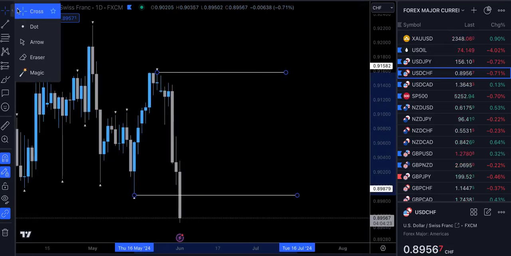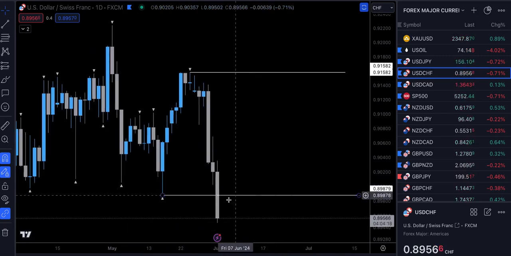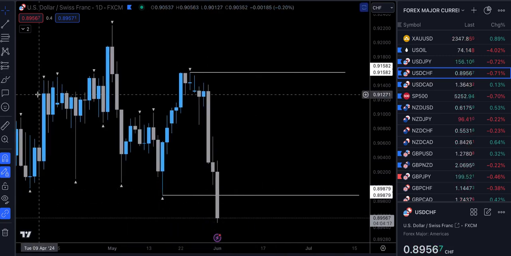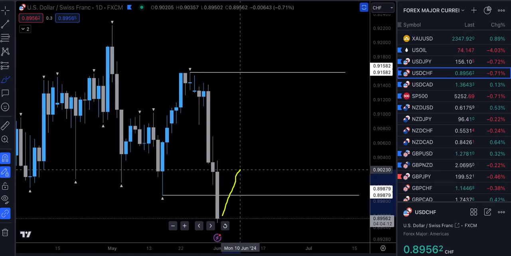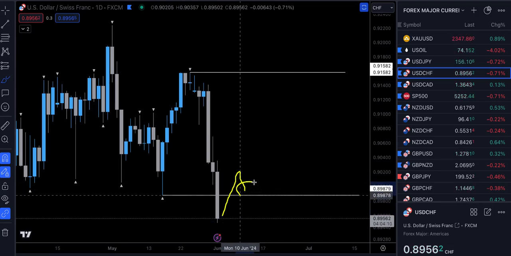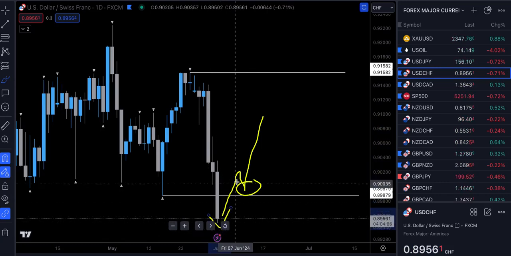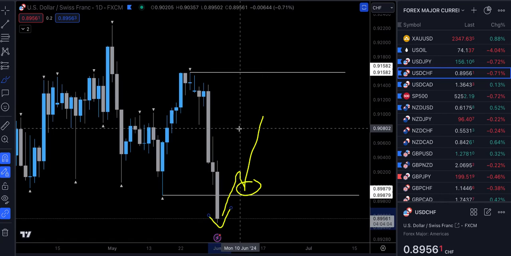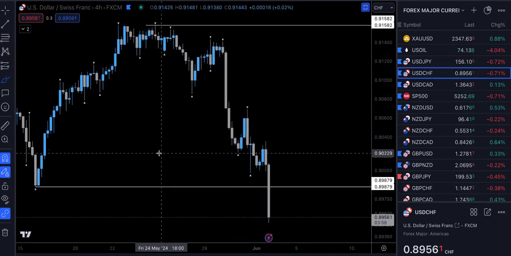Currently what we've done is we've swept this liquidity below this daily fractal here. So essentially the trade idea would be a reclaim of this level, reclaim, retest, and then we can look for some continuation to the upside, because we could classify this as a deviation, reclaim, and then we can look for a continuation.